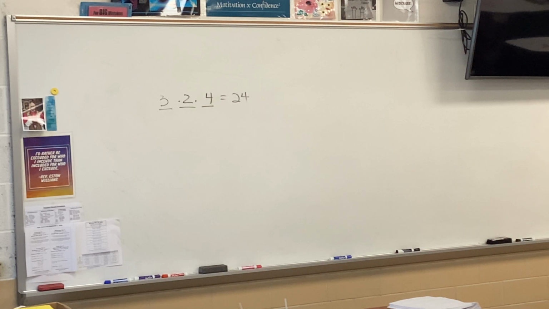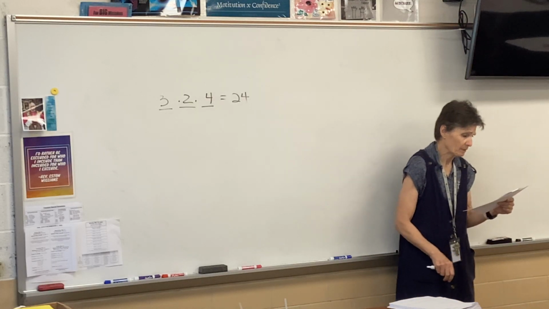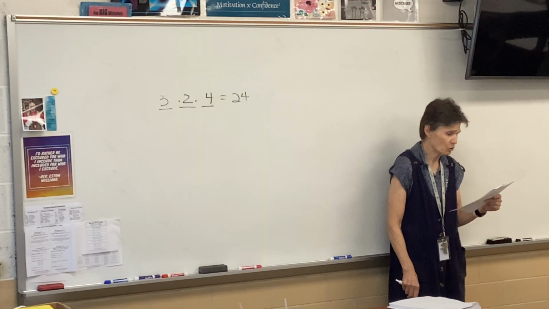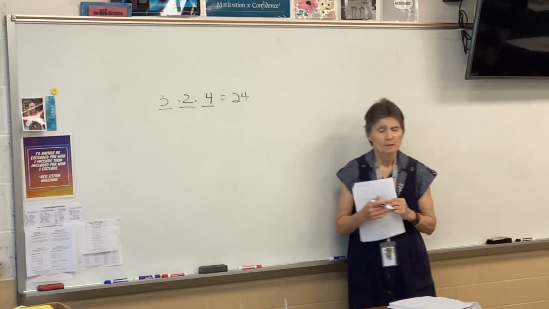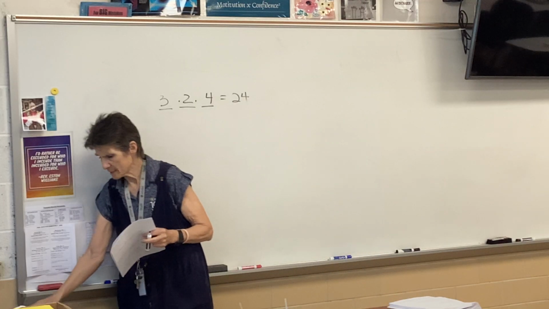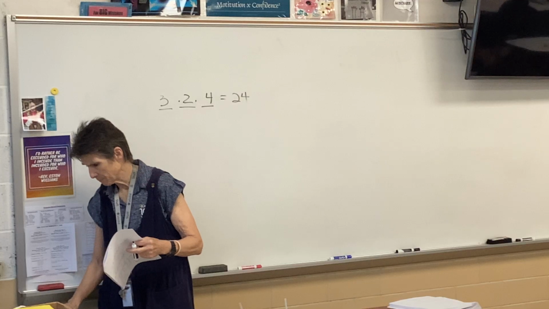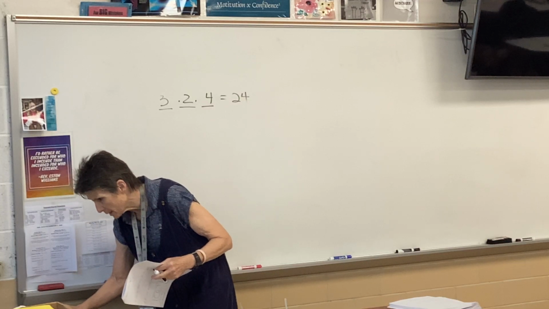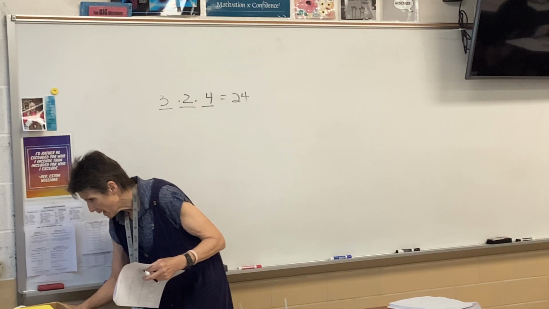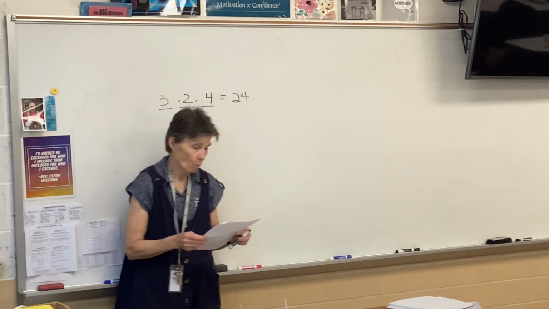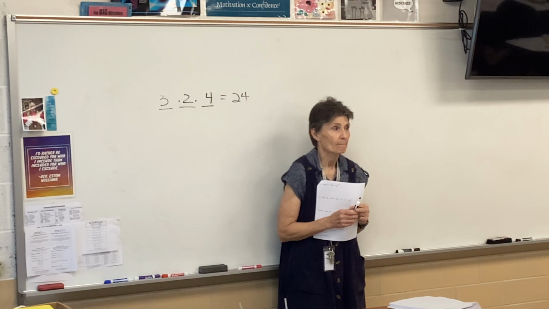Let's see. Now we have 5 multiple choice questions, and each question has 4 options. How many ways can we do 5 multiple choice questions if each one has 4 options? 4 to the 5.